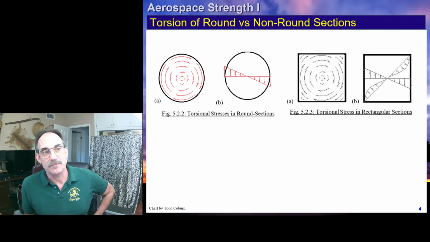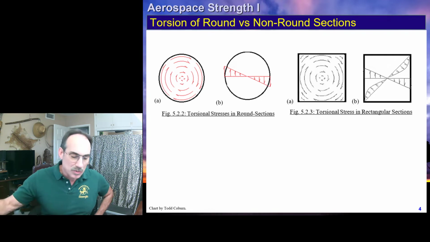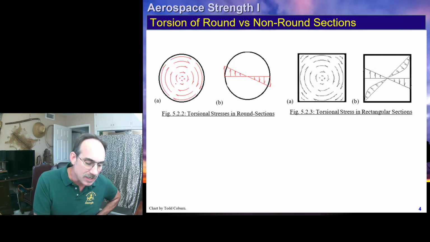Because it can continue on around without being stopped, it doesn't have to turn back on itself. It's very efficient. Now, if we have a rectangular section, we find that if we draw a tangent to any point, going back to our round section, you can notice under the experience of this torque, any little element here has a stress going like this, and it can move straight into the next adjacent element, and so on.